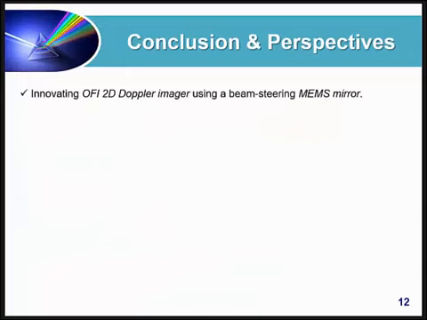As a conclusion, we validate the innovative 2D imager using a beam-steering MEMS mirror. That MEMS mirror enables an extremely compact, potentially handheld device. Before, the team used a mechanical mounting to scan in 2 dimensions, with a technology with an instrument called Zeba.